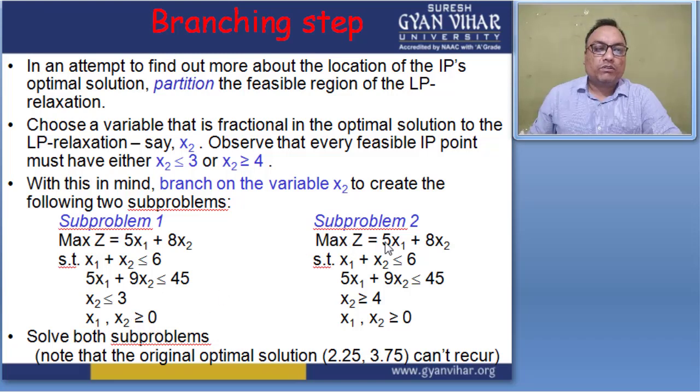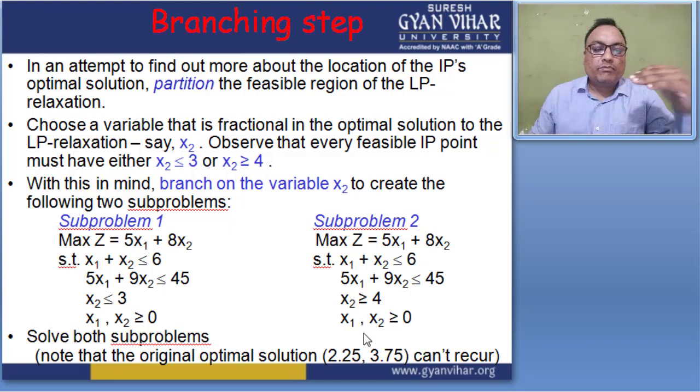For subproblem 2, the maximum of z = 5x1 + 8x2 such that x1 + x2 ≤ 6 and 5x1 + 9x2 ≤ 45, and x2 is greater than or equal to 4.